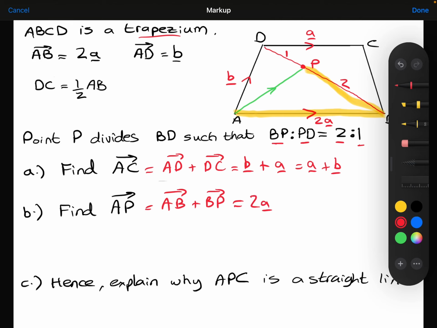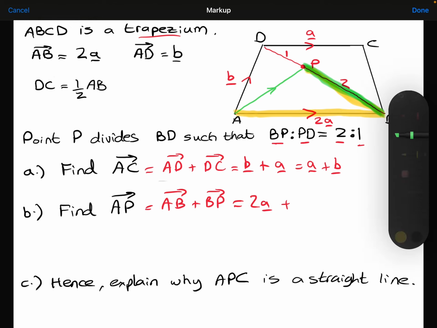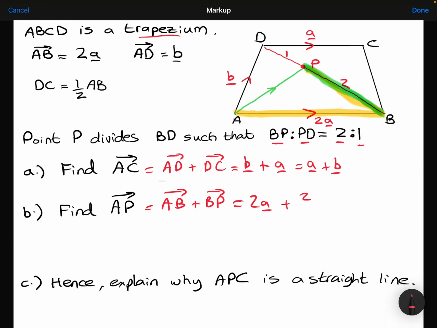That's just 2a. The vector BP, from here to here, I'm not quite sure what that is yet. But I do know it's 2/3 of the whole vector BD. So I do know it's 2/3 of whatever BD is. So the question then is, what's the vector BD?